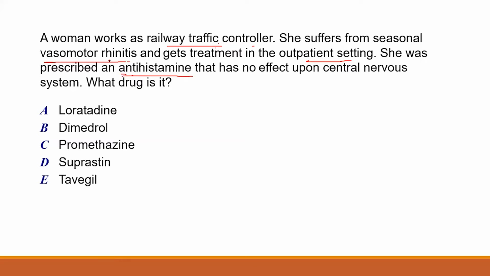Okay. So she was prescribed an antihistamine drug that has no effect upon the central nervous system. So what drug are we thinking about? Like I said, this person is suffering from allergy. And we know for people suffering from allergy, what comes into play? You are thinking of a mast cell. You know these mast cells contain what?